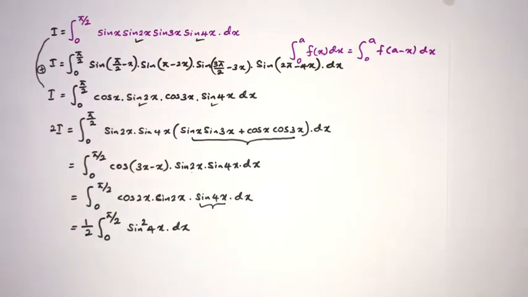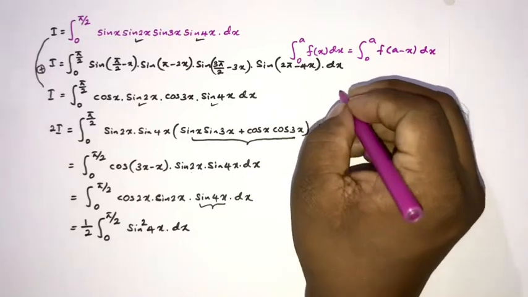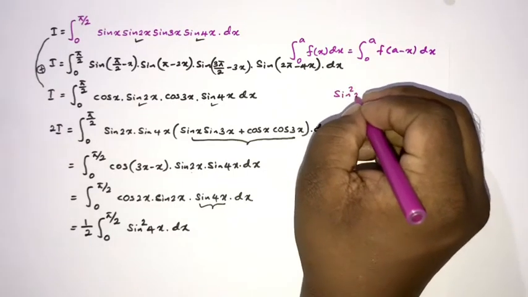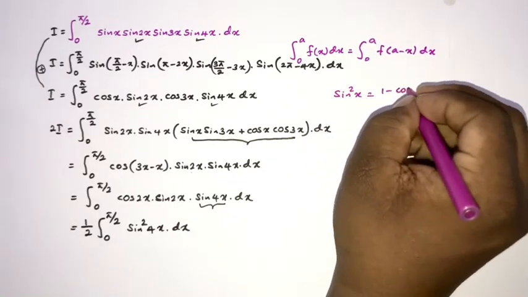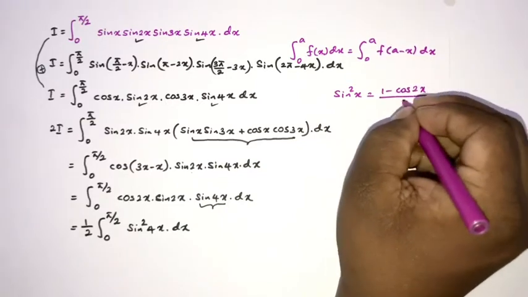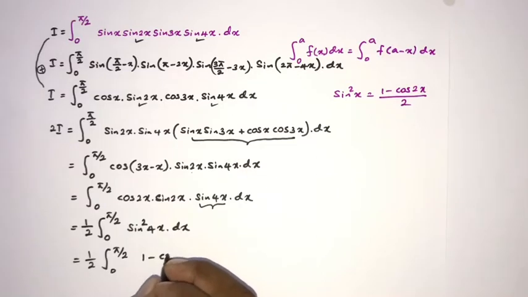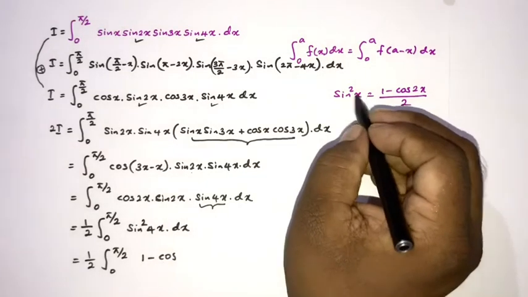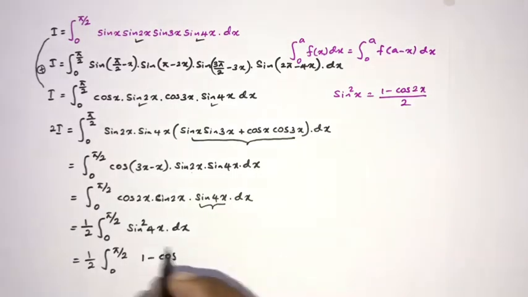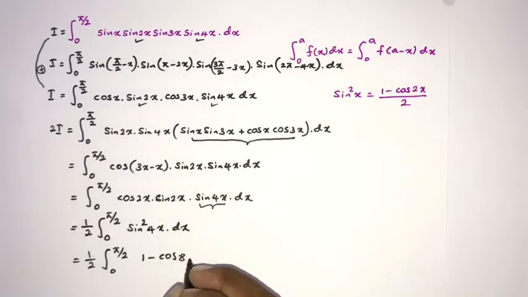Now we know sine squared of x is equal to 1 minus cosine of 2x over 2. So we can apply here 1/2 integral from 0 to pi over 2 of 1 minus cosine of the double angle, so 4x doubled is 8x, over 2, dx.